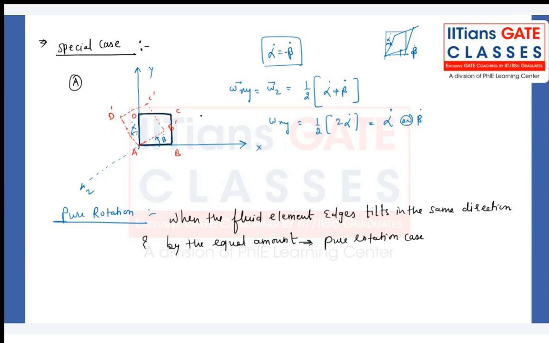Now why have I written alpha dot is equal to minus of beta dot? On what basis have I written this? Can anyone tell me? See my difference. It's a very simple and very fundamental thing.